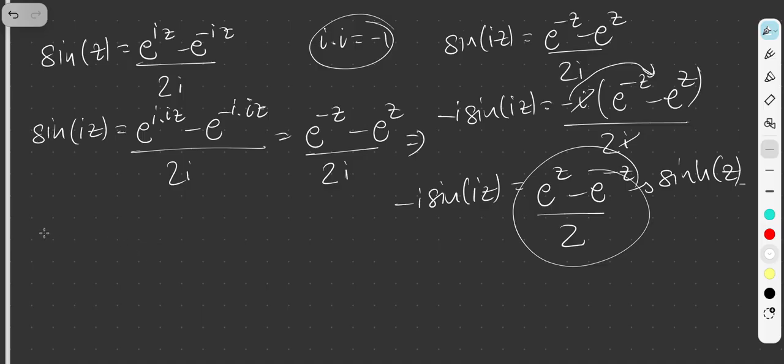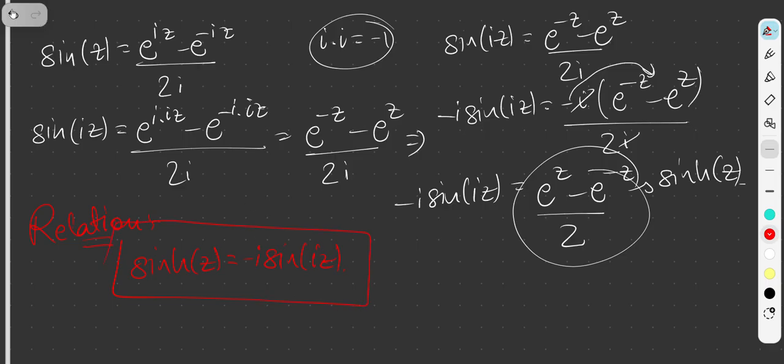The final relation that we have got is sinh of z equals minus i times sine of iz.